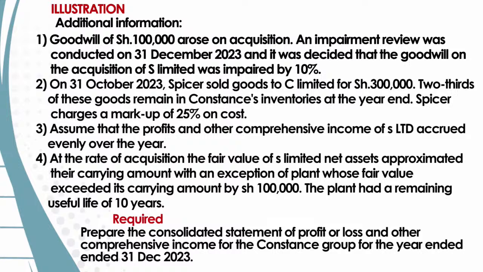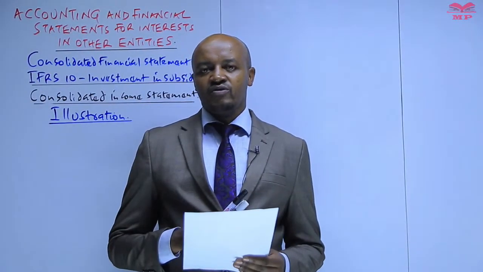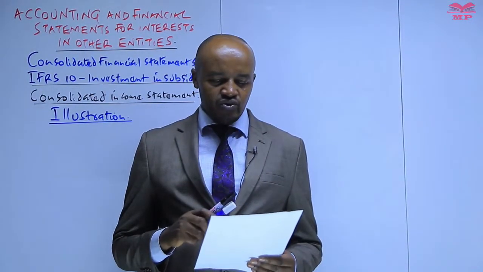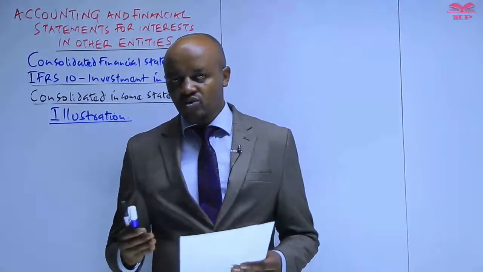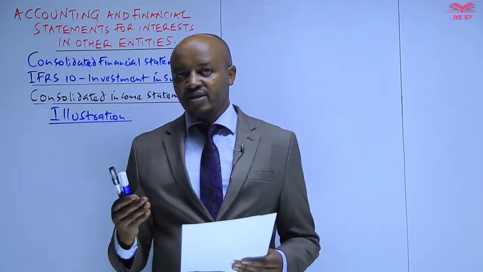So basically, this is a group accounts question whereby we are required to prepare a consolidated statement of profit or loss and other comprehensive income. Remember, anytime you come across a group accounts question, the first thing you need to do is come up with a group structure that will help you know which company is the parent and which is the subsidiary.